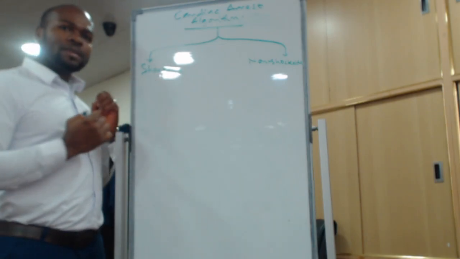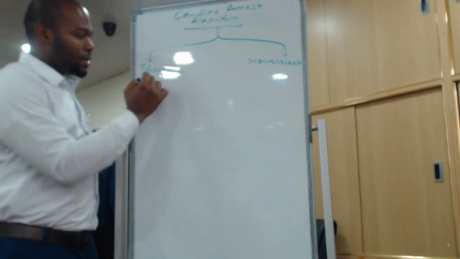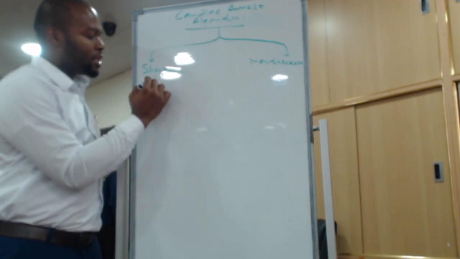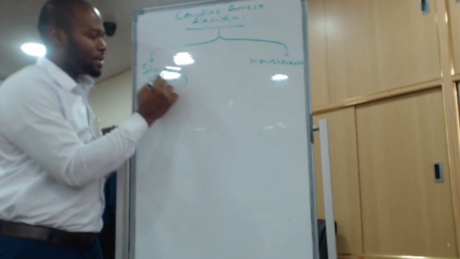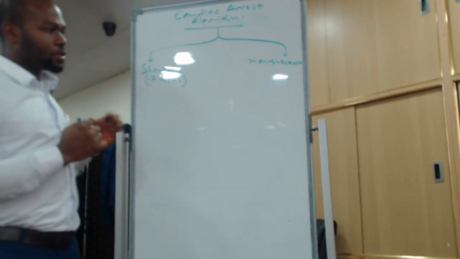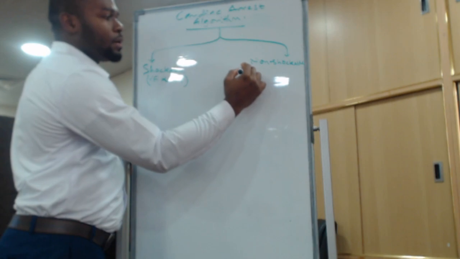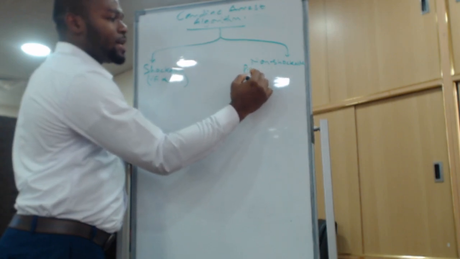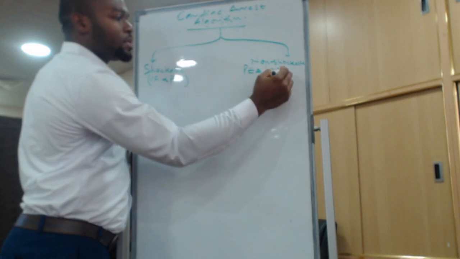For the shockable rhythms, what are the examples we have? We have ventricular fibrillation and pulseless ventricular tachycardia. These are the two rhythms we have, right? Very good. For the non-shockable rhythms, we have pulseless electrical activity and asystole.